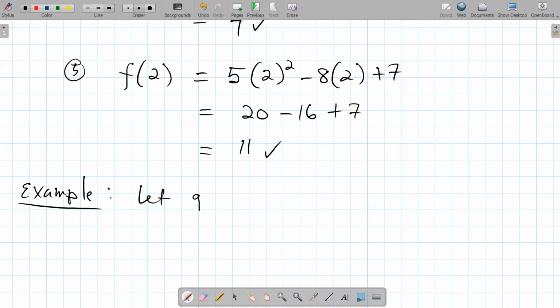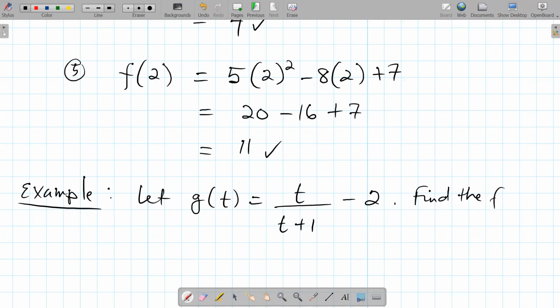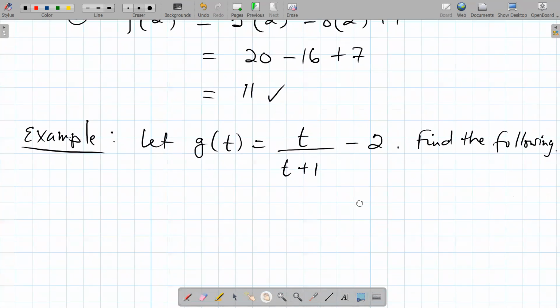Question says, let g of t equal t over t plus 1 minus 2. And then it says, find the following. Okay, this is a function.